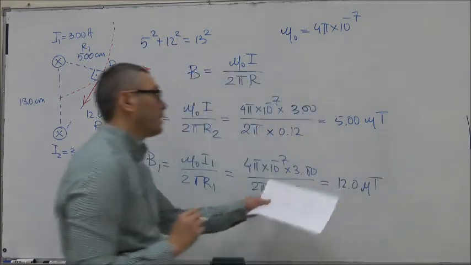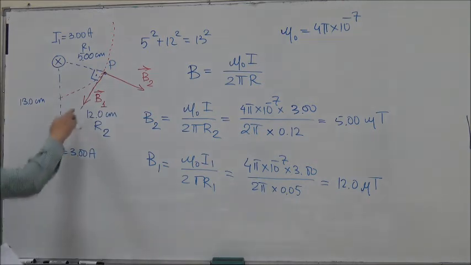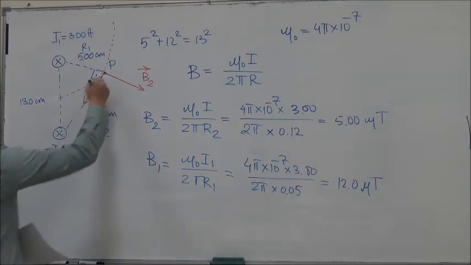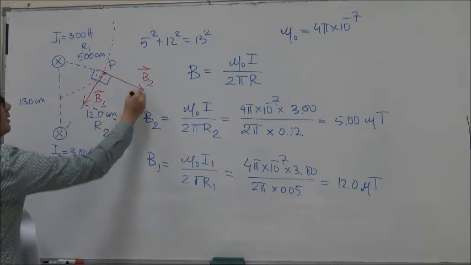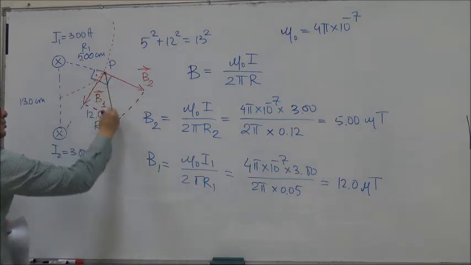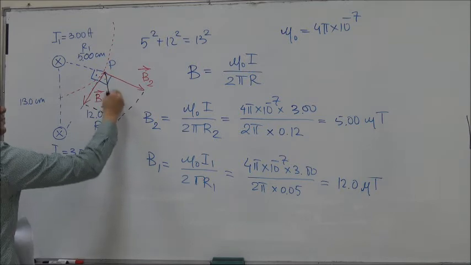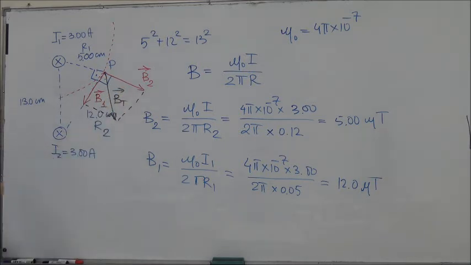So now we know the magnitudes and directions of both magnetic fields, and we need to find the total. Now, remember that this is a 90-degree angle here, so we can just use the Pythagorean theorem to calculate the total magnetic field. So this would be the total magnetic field, B total.